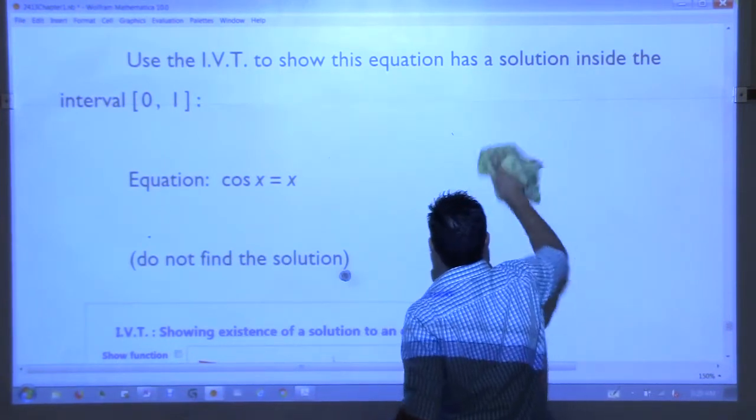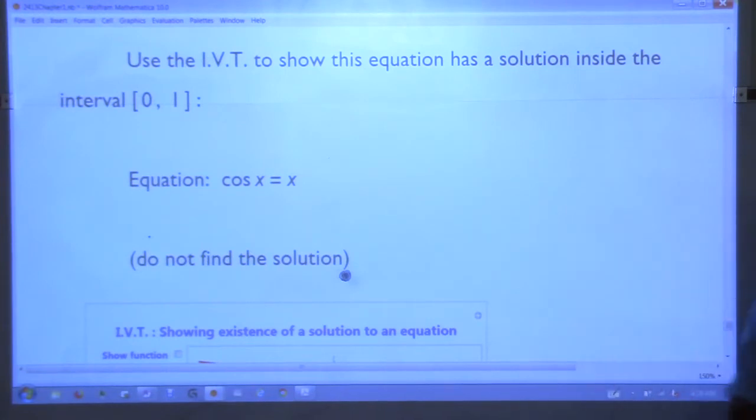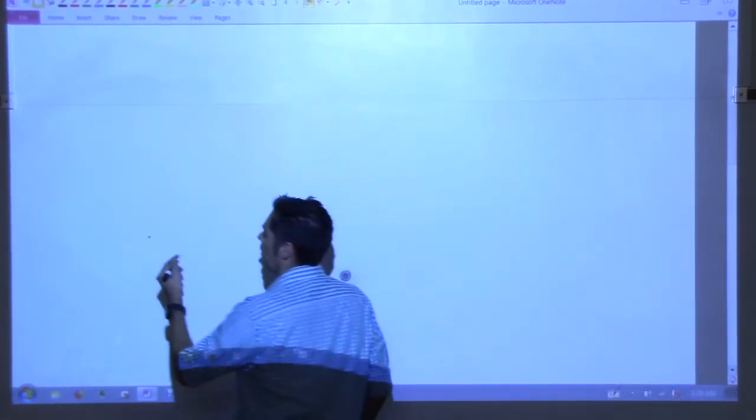Okay, let's go. Now we need to do some examples. We're still talking about continuity right now, all right? Continuity. So I'm going to give you a function here.